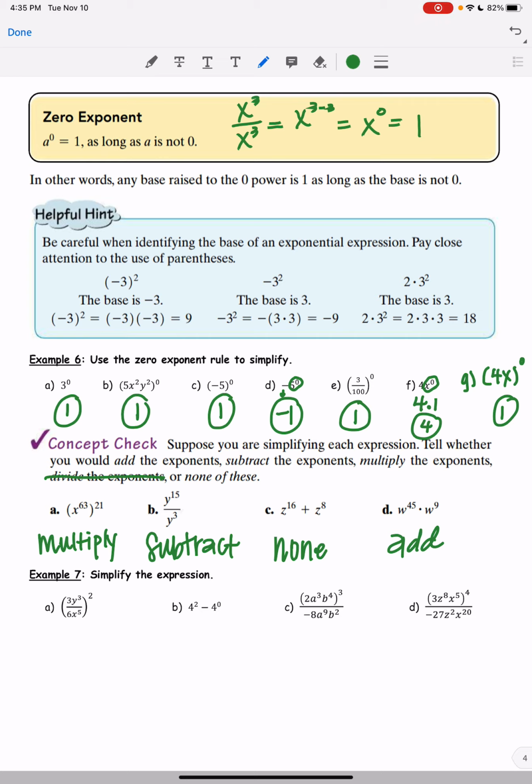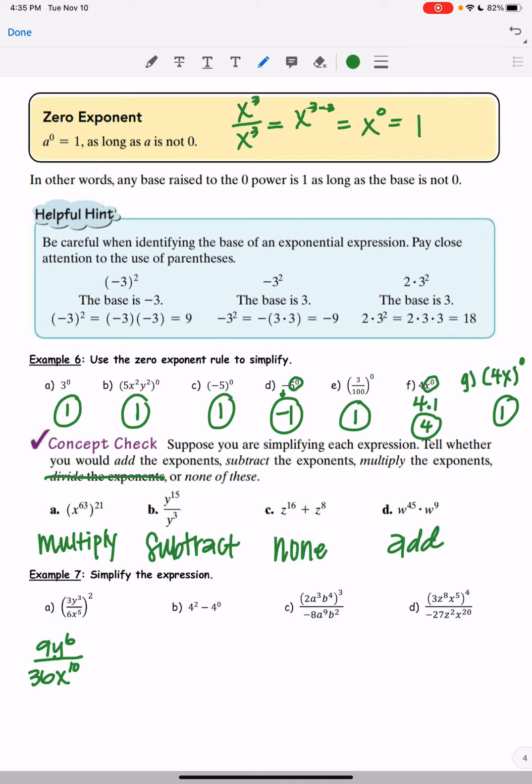So 3 squared is 9. Y cubed to the 2nd power is to the 6th, right? Power to a power, we multiply. On the bottom, 6 squared is 36, and x to the 5th squared is x to the 10th.